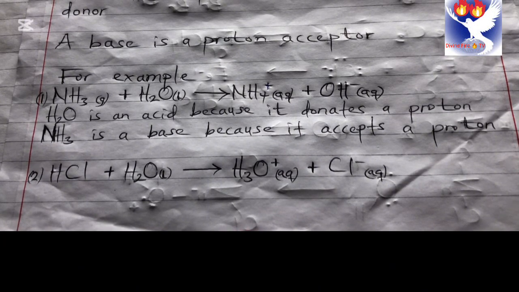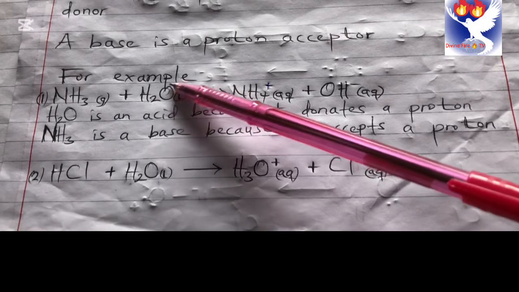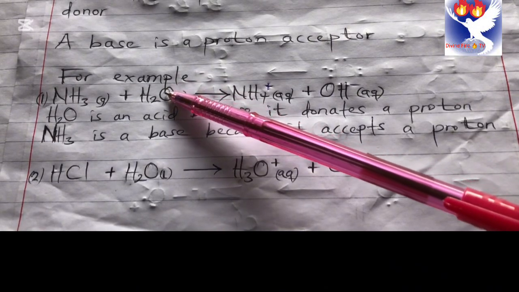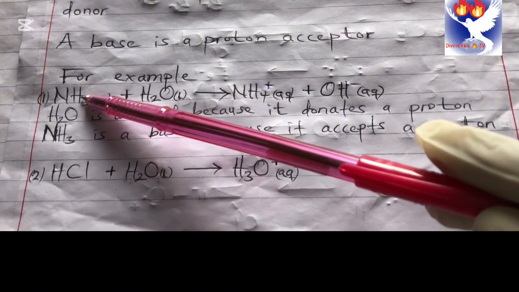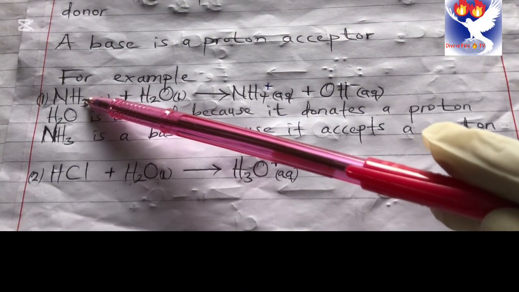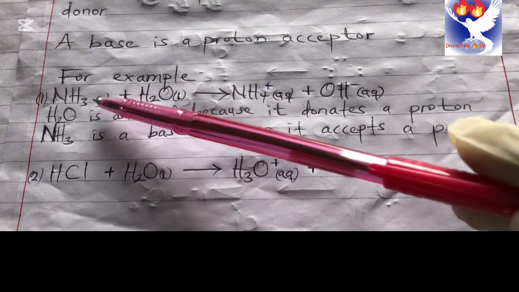Now, H2O, which is water, is an acid because it donates a proton. This is a Brønsted-Lowry acid because it donates a proton. Ammonia gas is a Brønsted-Lowry base because it accepts a proton.